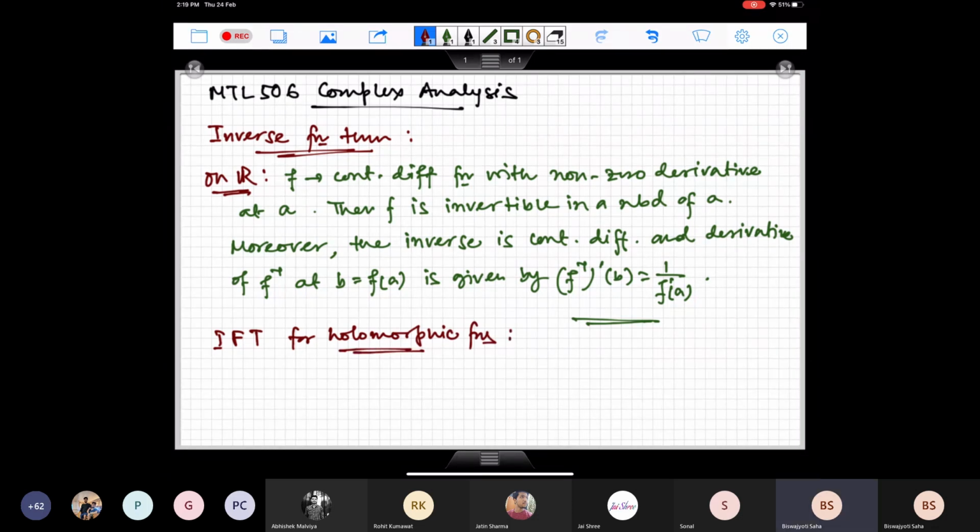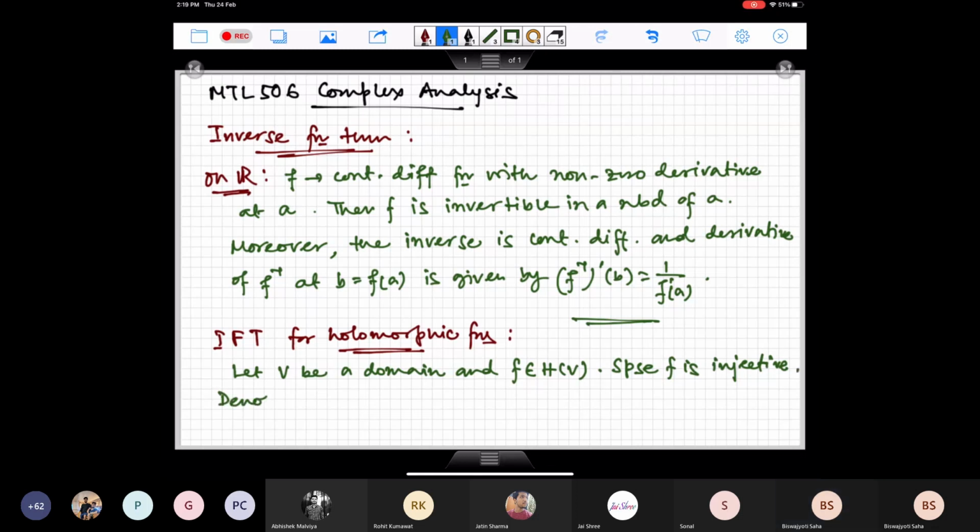So what do I have over here? The statement is as follows. Let V be a domain, and f belongs to H(V), so it's a holomorphic function on V. Suppose f is injective.